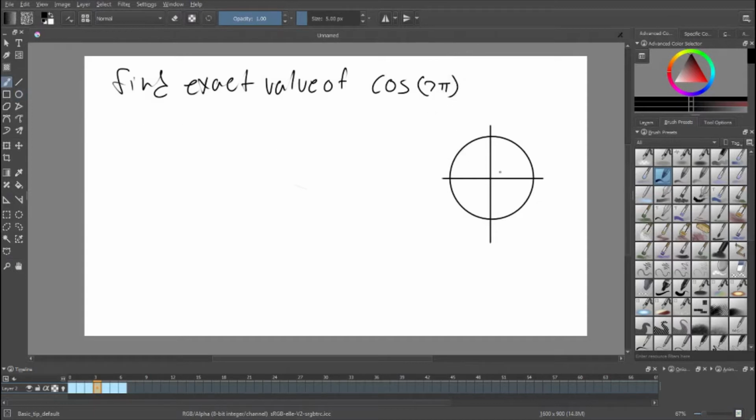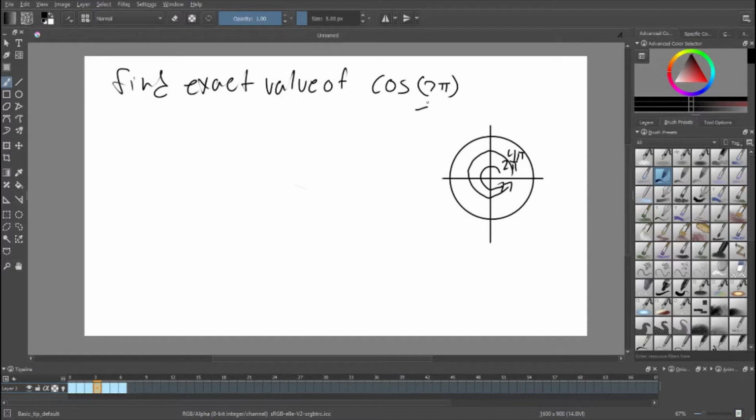So we know that one rotation is 2 pi. And so if we just keep going, that would be 4 pi, and so on and so forth until you reach a value under 2 pi.